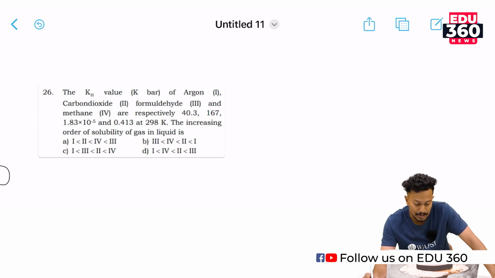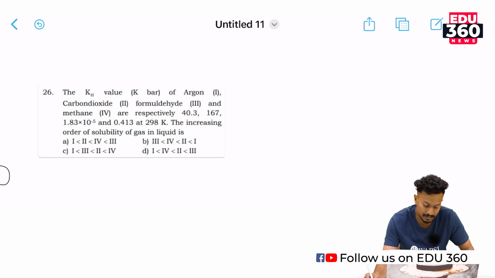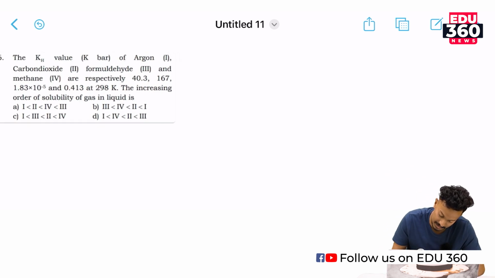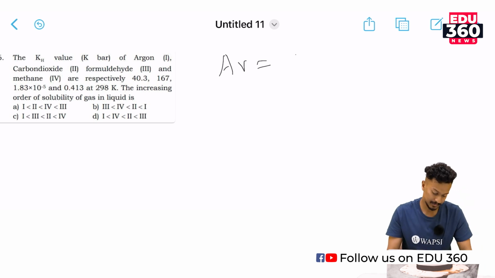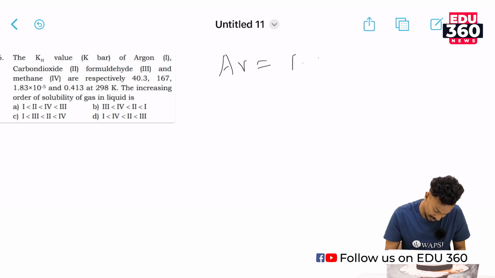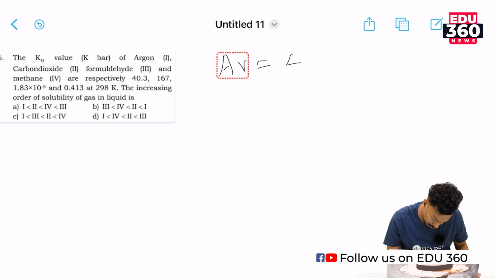The KH value, which means Henry's constant, of argon. We'll note down the given values. For argon we have 40.3.